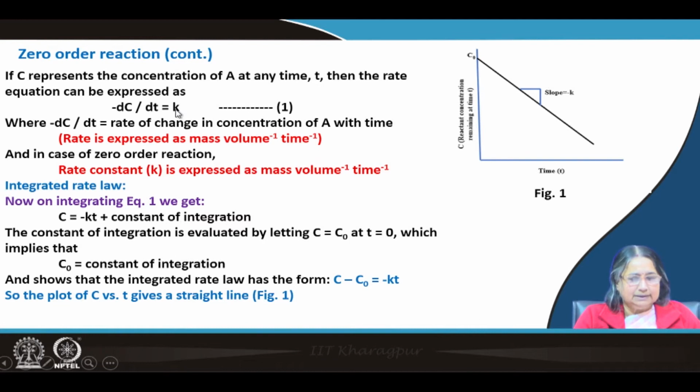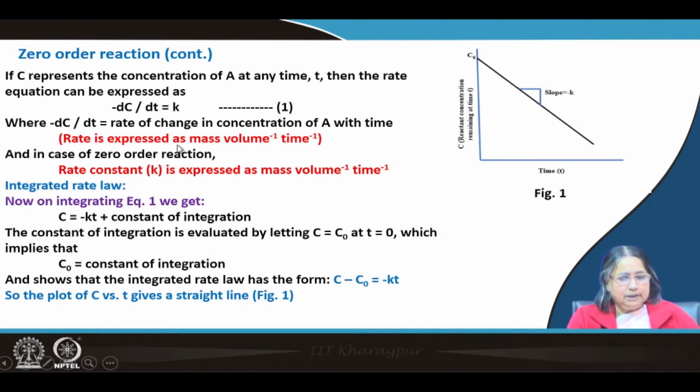But for the rate constant, you see that in this case it has the same unit as the rate. So, for zero order reaction, the rate constant is expressed in the same unit as we express for rate. Okay. Now, integrated rate law is easier than the differential rate law to visualize and to apply.